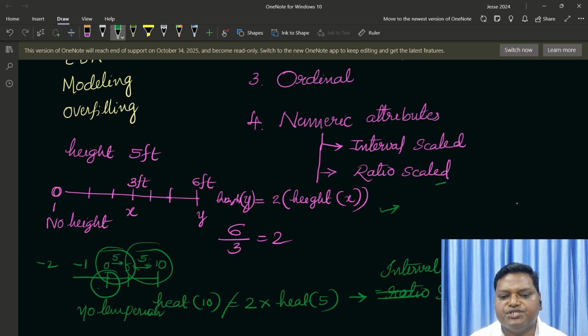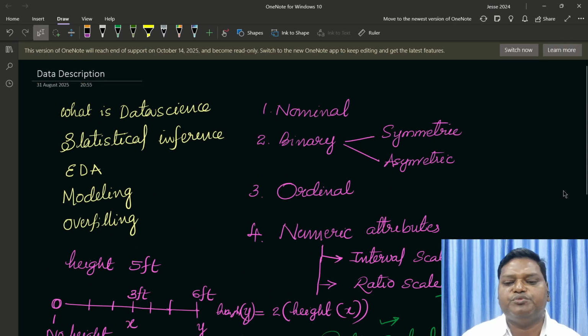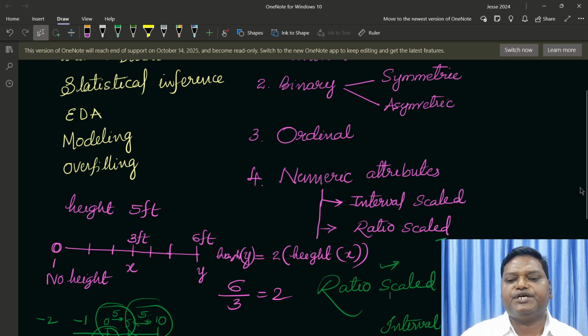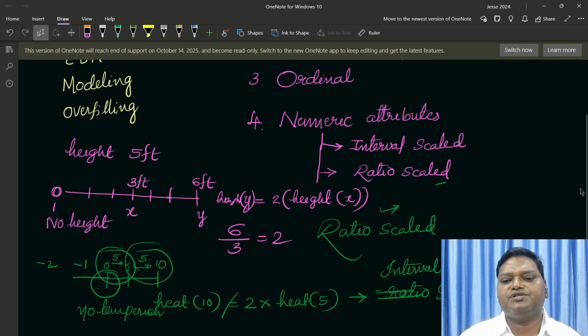You cannot use it as a ratio. What we have seen: nominal, binary, ordinal, and numeric attributes. Numeric attributes have two categories, interval scaled and ratio scaled. If your scale starts from 0 and 0 means there is nothing, then it is ratio scaled. If your scale starts from 0 but 0 doesn't mean that there is no value, then it is an interval scaled attribute.